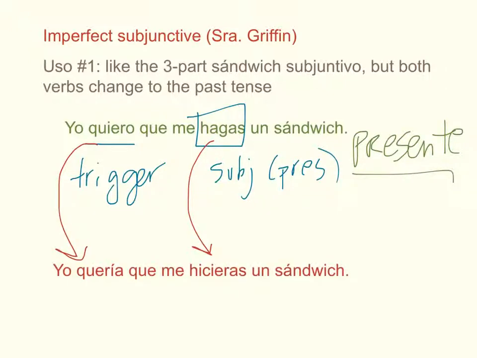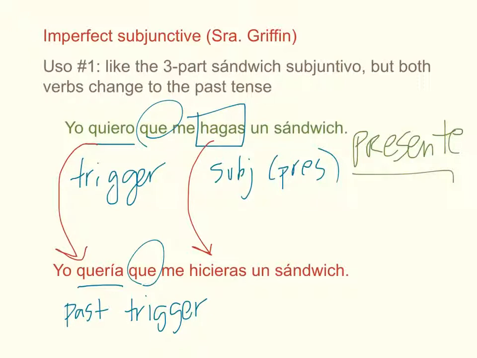So you will still have a trigger, but here the trigger is the past tense trigger. We have to use quería instead of quise here to mean wanted, because quise means tried. We still have the que in the middle, and then hicieras is the subjunctive, but here it's the past tense subjunctive, which we call the imperfect subjunctive, the subjuntivo imperfecto.